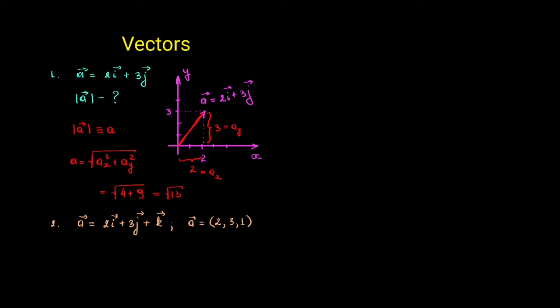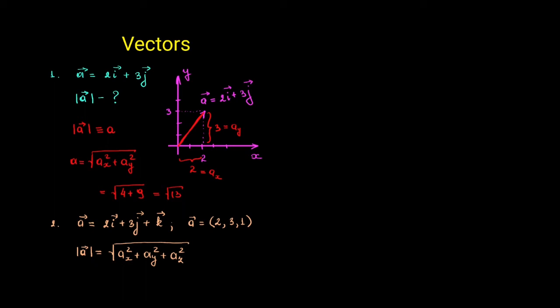Now in this case, how do we find the magnitude of the vector? The magnitude of the vector in the three-dimensional case is the square root of ax square plus ay square plus az square.